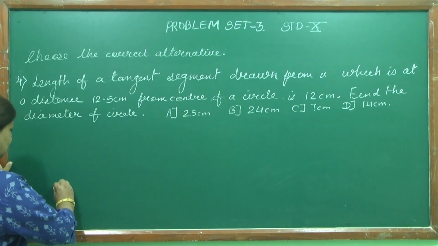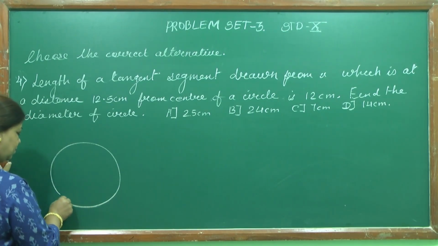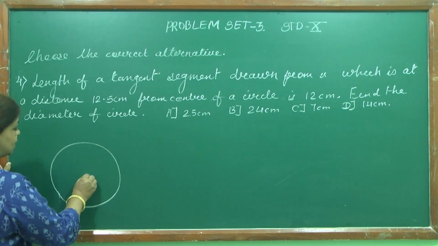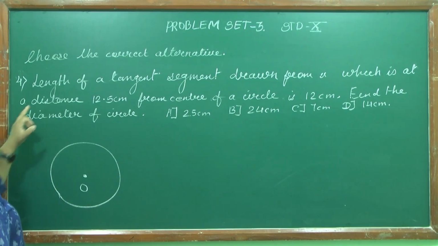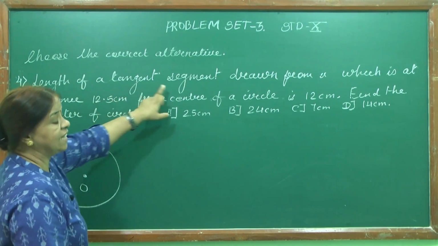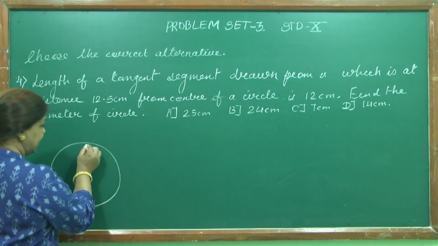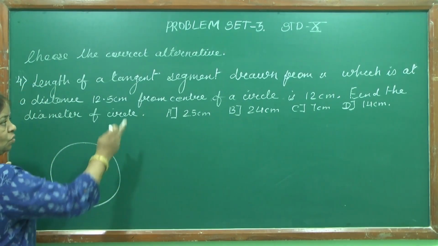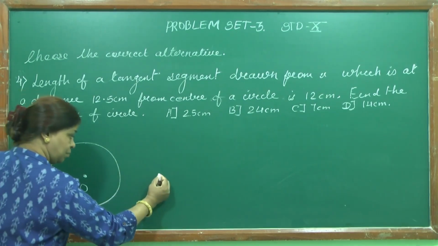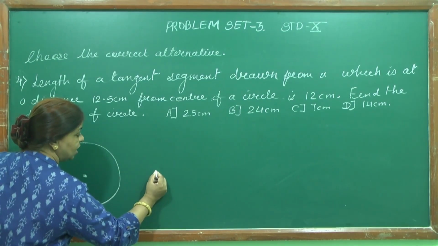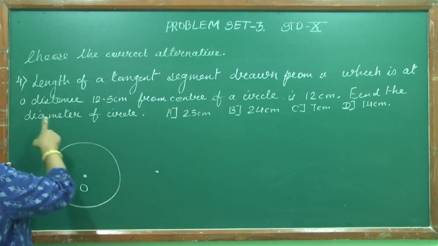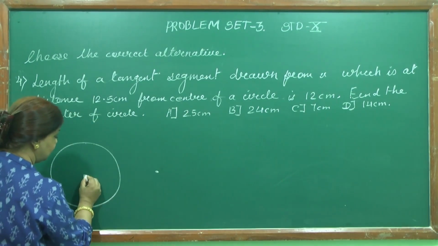Now this is the circle and this is the center. O is the center of the circle. So what is given? The length of a tangent segment drawn to the circle from one point, and that point is at a distance of 12.5 centimeters.